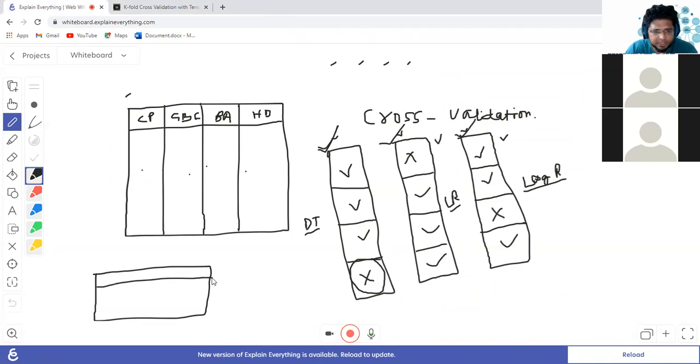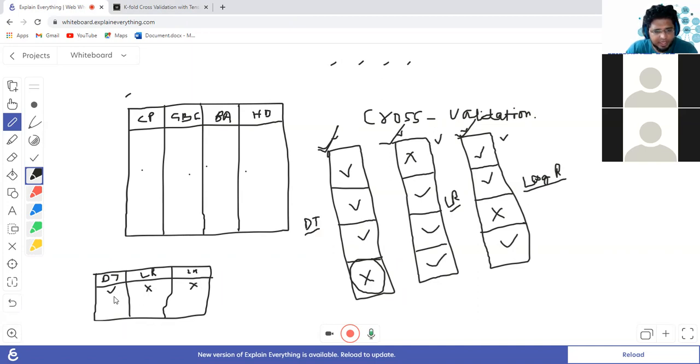Okay, suppose there are 3 models that I'm using. Decision trees, linear regression, and logistic regression. So for the first data, decision tree is better than these two.